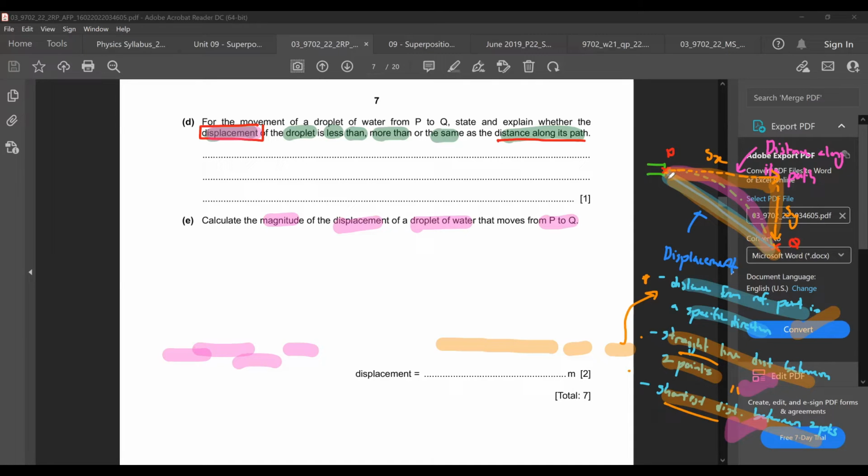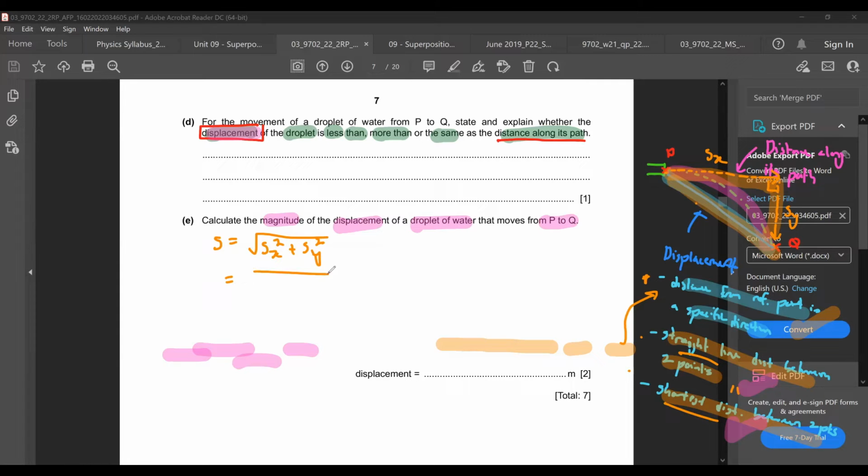If you know your horizontal displacement and your vertical displacement, these two form a right angle triangle with displacement being your hypotenuse. So your displacement is the square root of sx squared plus sy squared.